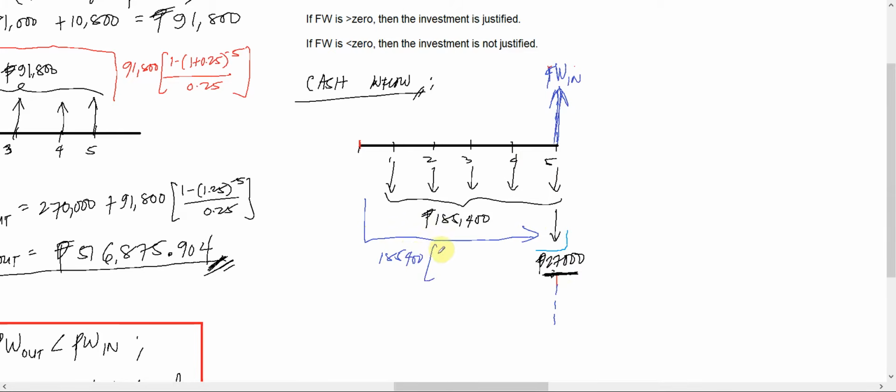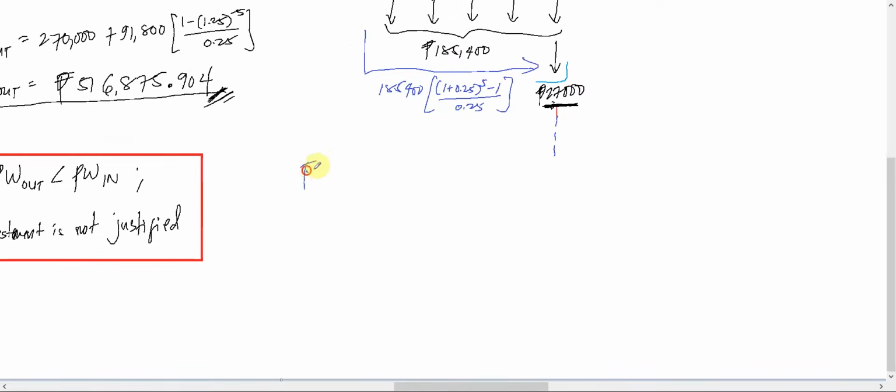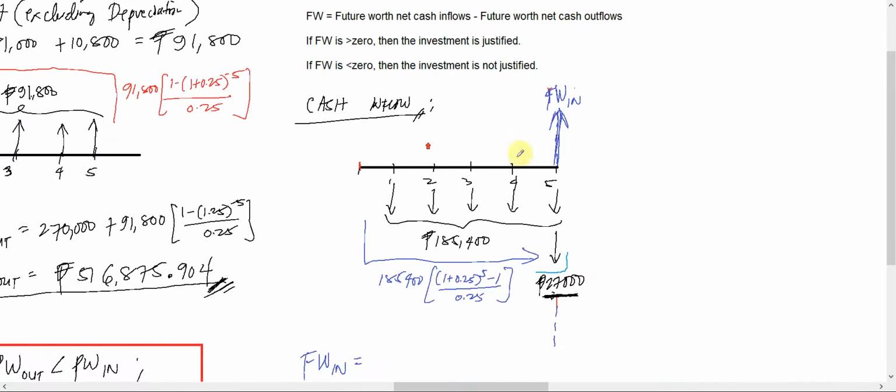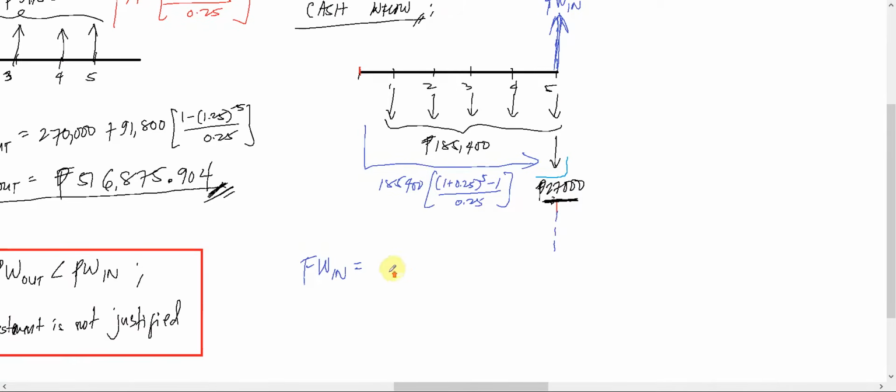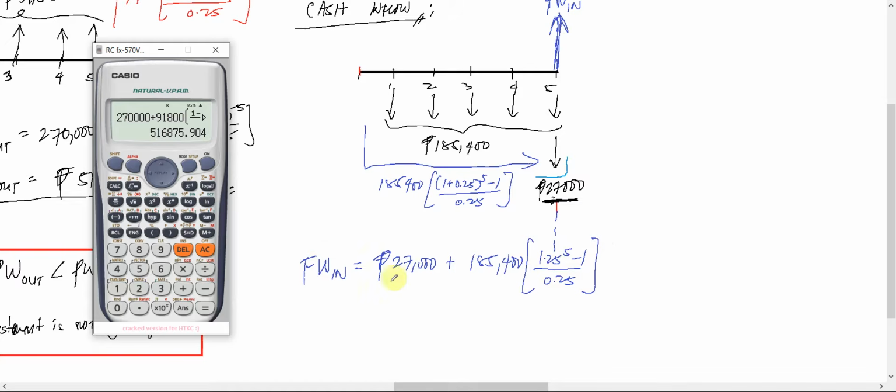So, ang future is mauuna yung 1 plus i, 0.25 raised to 5, minus 1 over 0.25. So, the future worth of the cash inflow is 27,000 plus 185,400 times 1.25 raised to 5 minus 1 over 0.25. Solve lang natin.